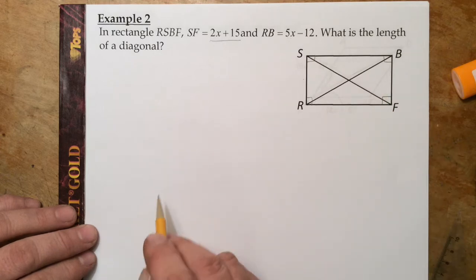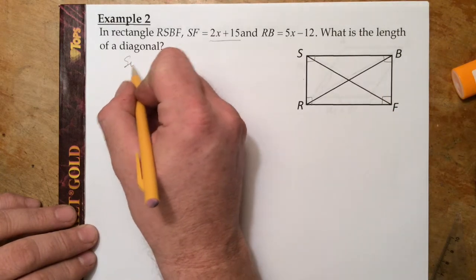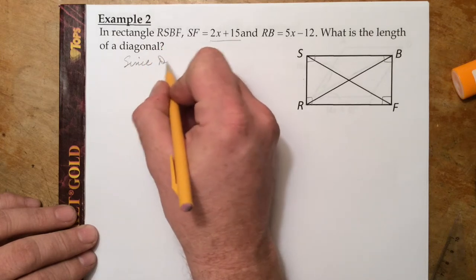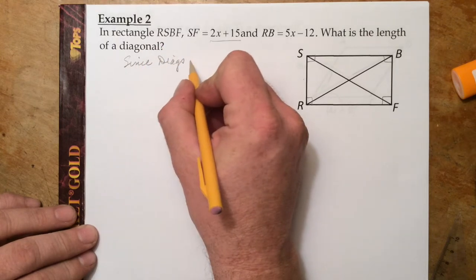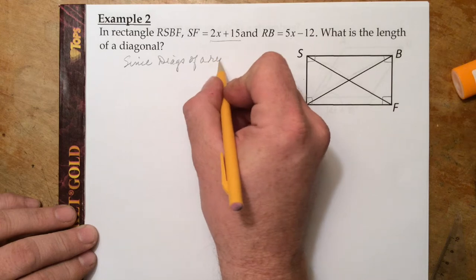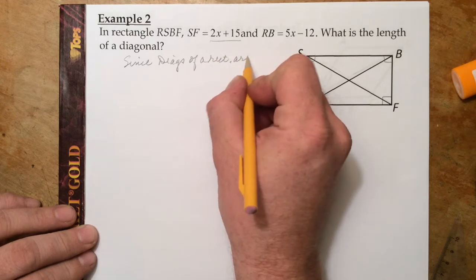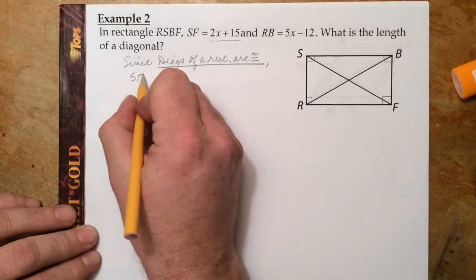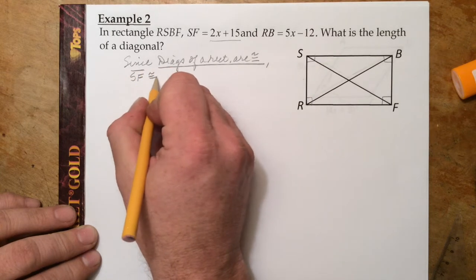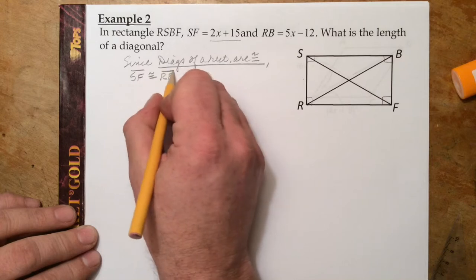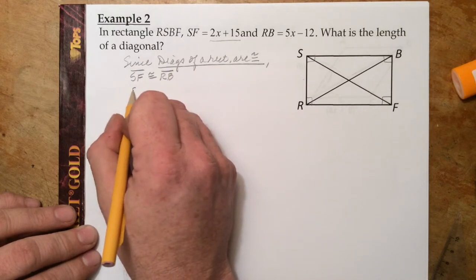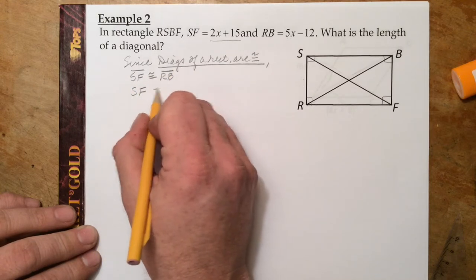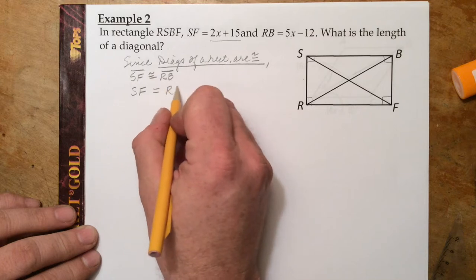And they are, because diagonals of a rectangle are congruent, we can state that SF is congruent to RB, and since their segments are congruent, their lengths are equal. So the length of SF is equal to the length of RB.